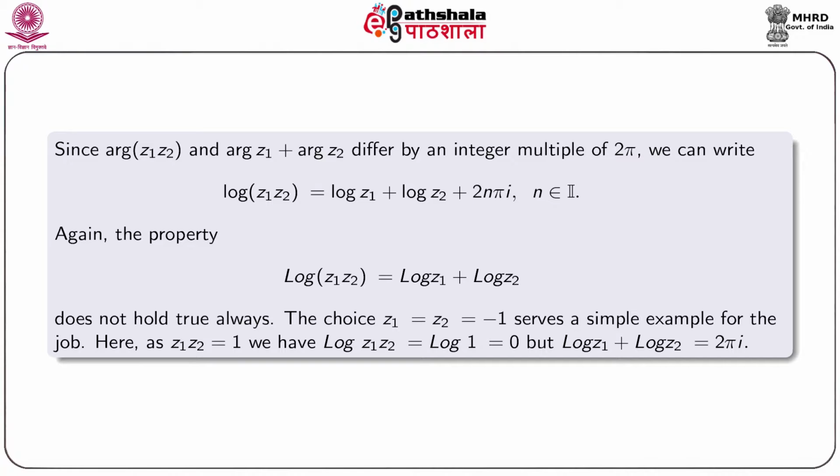Here, as z1 z2 = 1, we have capital Log(z1 z2) = capital Log 1 = 0, but capital Log z1 + capital Log z2 is equal to 2πi.